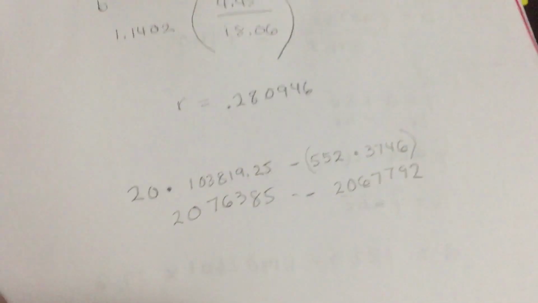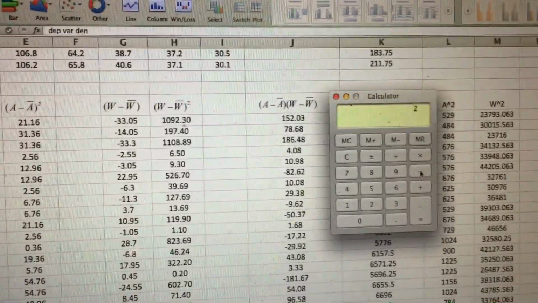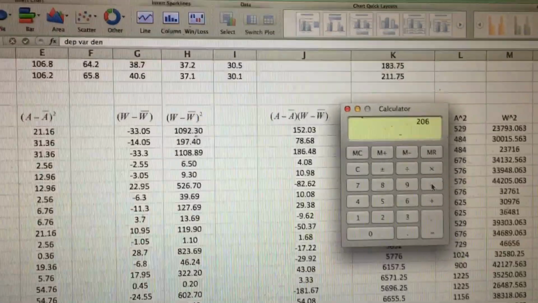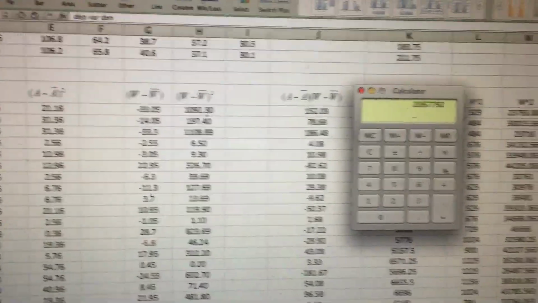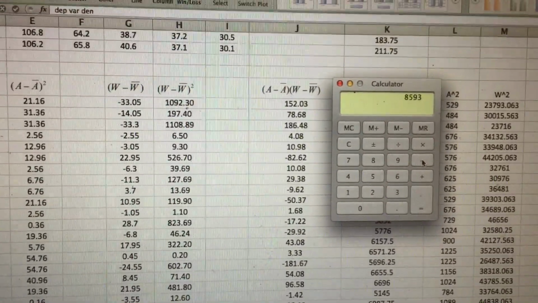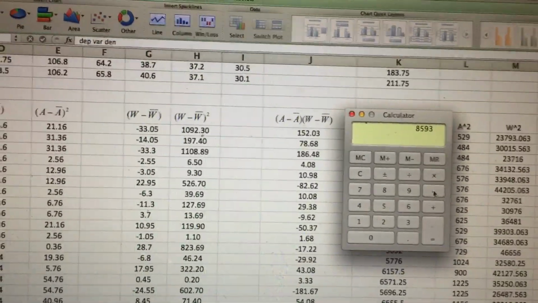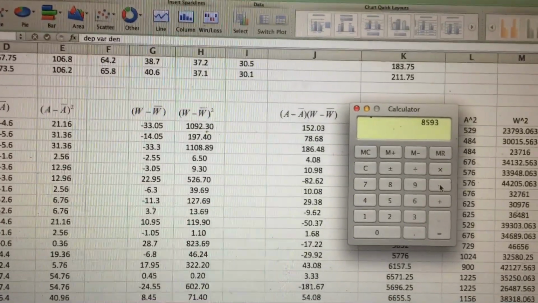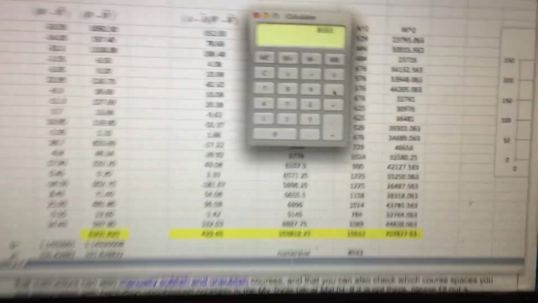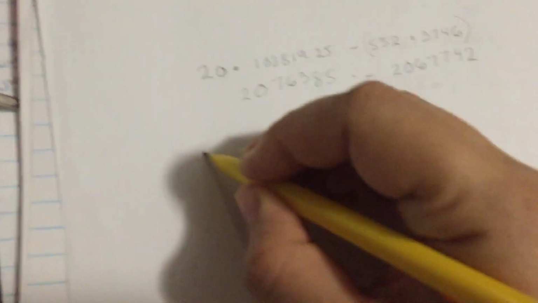So let's find out what that would be when I minus this number. So we've got that number minus 2067792. We got 8593.